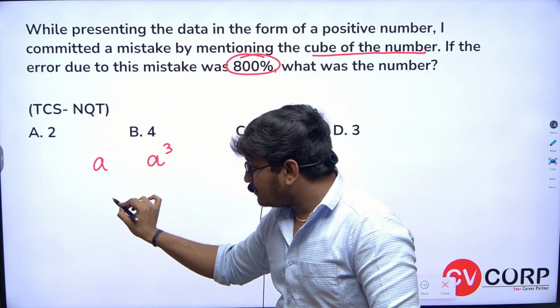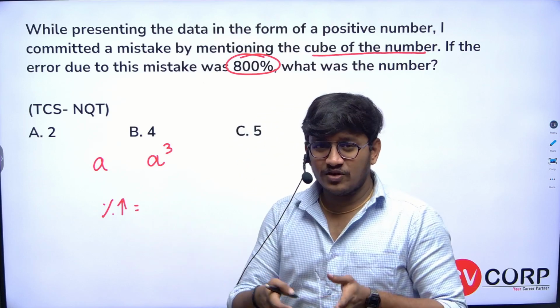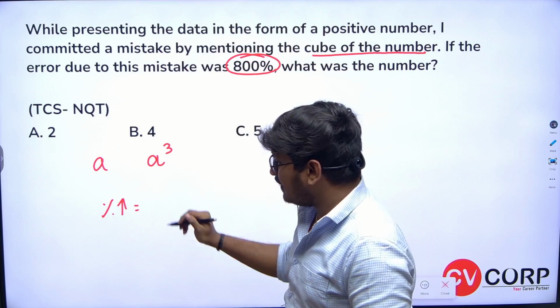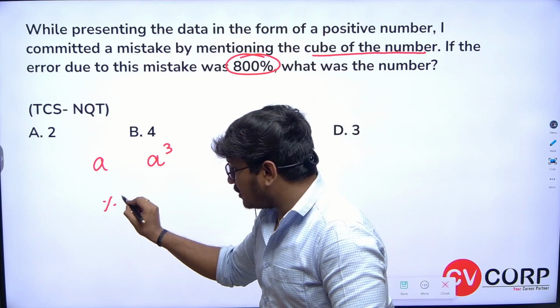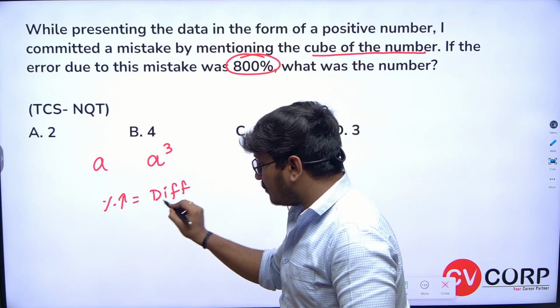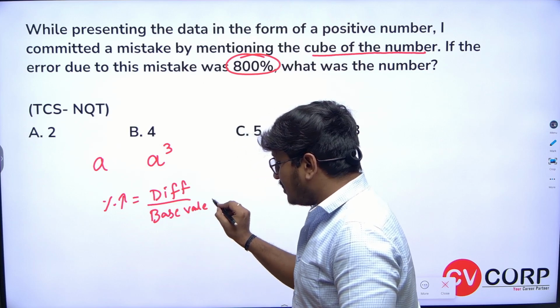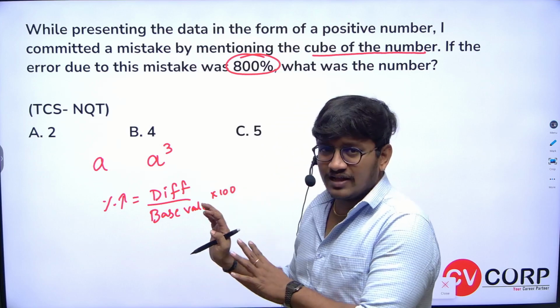Now, how much the percentage got increased, or the percentage error, is very simple. Percentage increase equals difference divided by base value, into 100. This is what we know already.